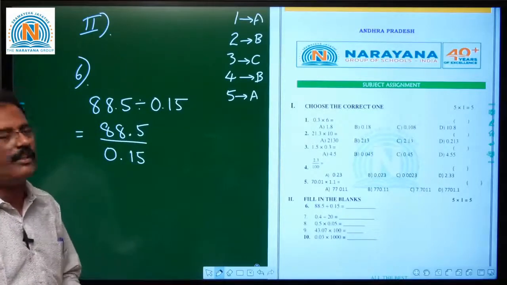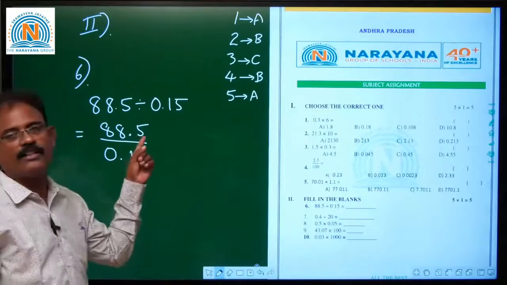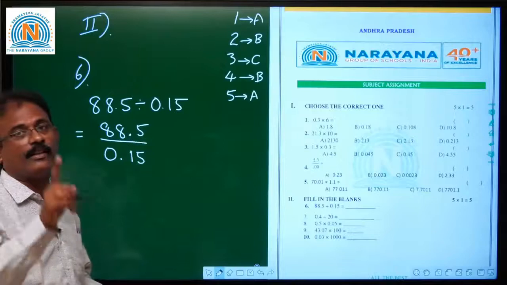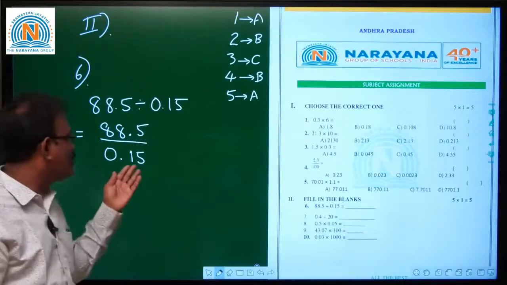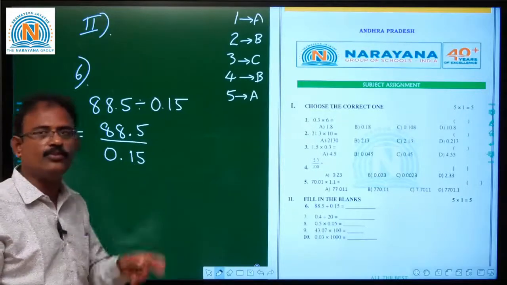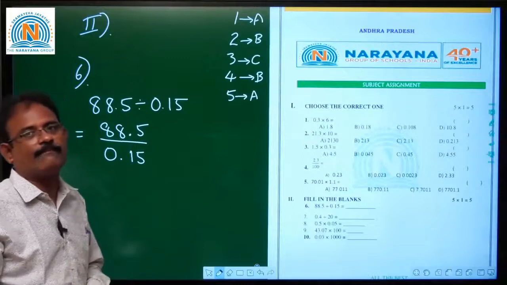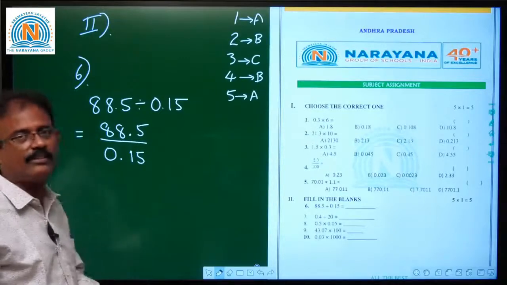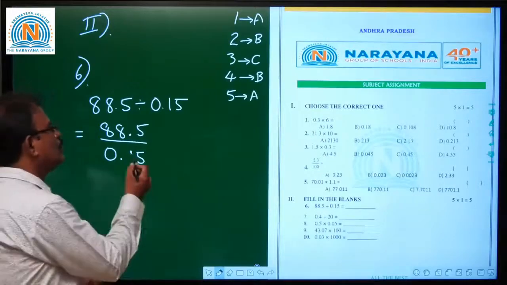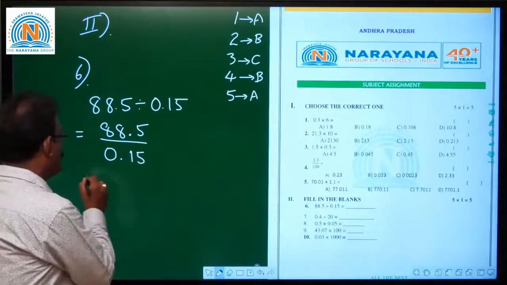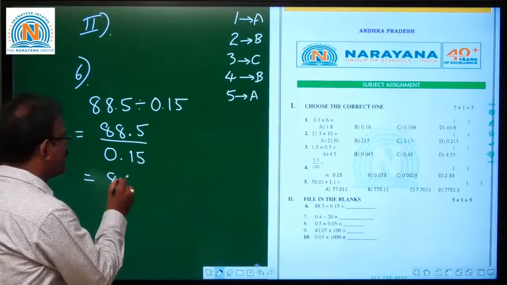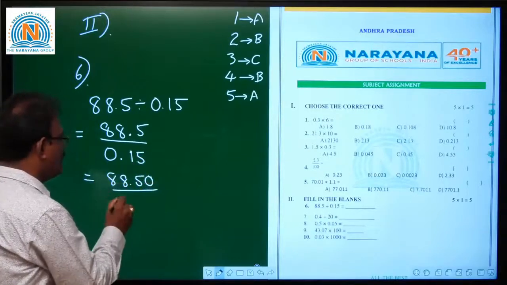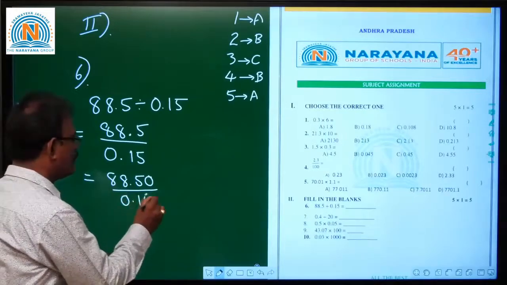So how many digits are there in the numerator, children? How many digits are there after the decimal point? We have only 1. And how many digits are there in the denominator? 2. So let us equate. Instead of multiplying with some other process, it is easy to do. So to equate this, we can say this is 88.50 by 0.15.